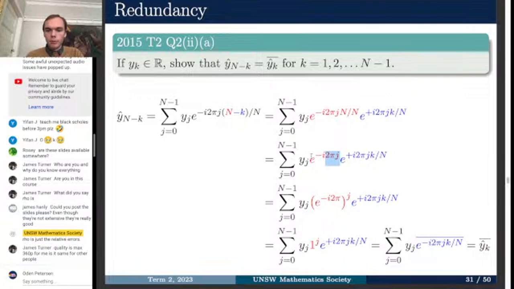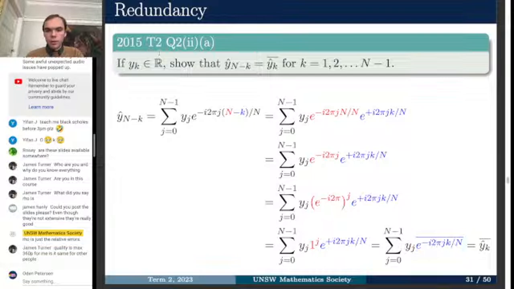And so if we have this exponent, which is an integer multiple of 2 pi i, that's just going to be 1. And then over here, this is going to stay the same, but because we have e to the plus some real number, that's the conjugate of e to the minus the same real number.